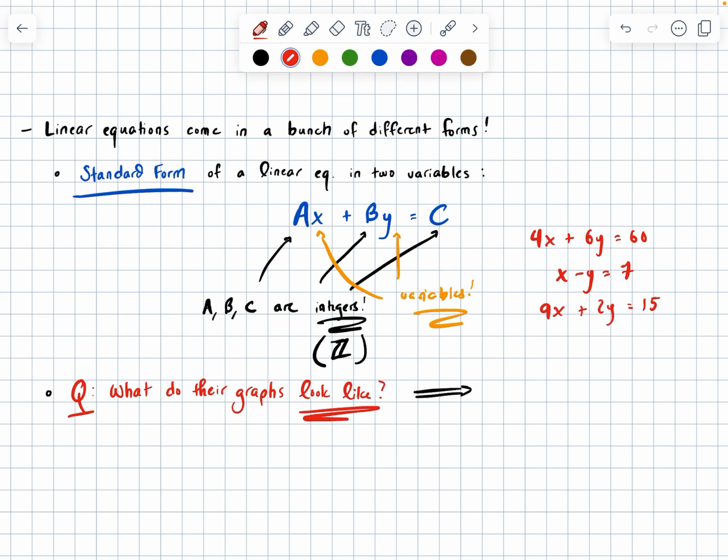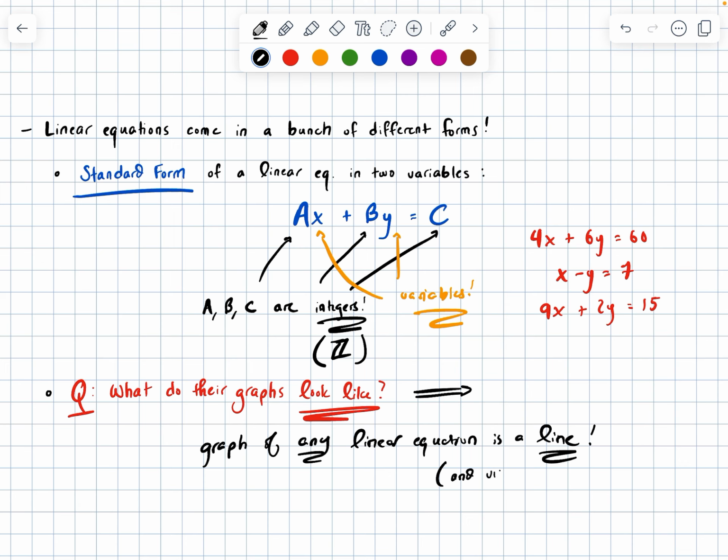And from our exploration above, we should feel really good about saying what the graph of any linear equation should look like. As we saw, what is the graph of any linear equation going to be? A line. A line, very good. So the graph of any linear equation will in fact be a line. And we'll also say, and vice versa.